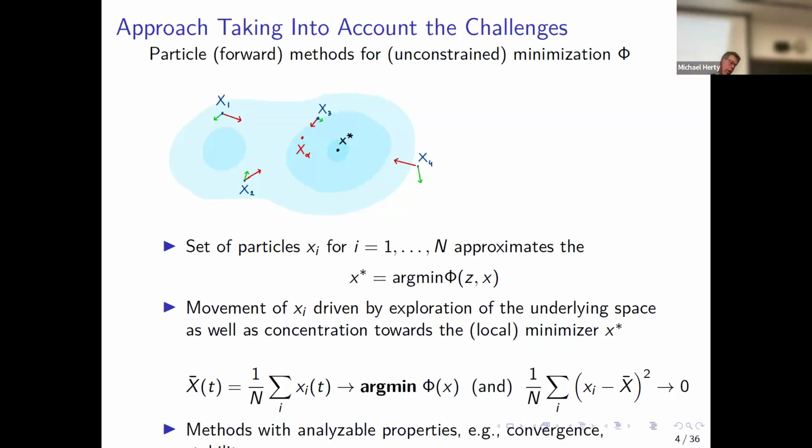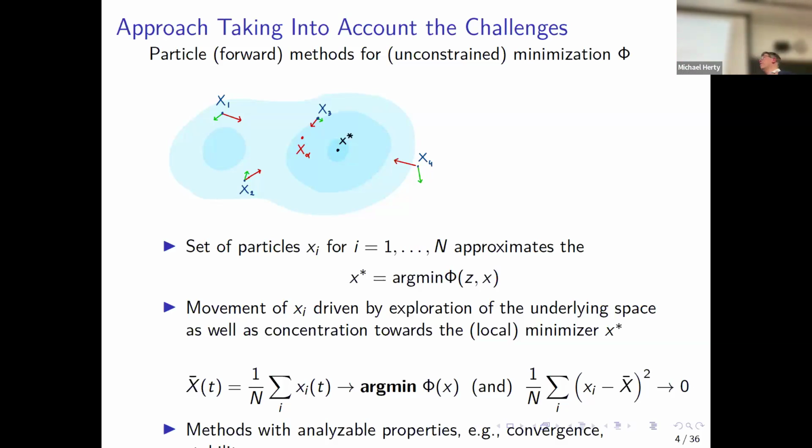And so this X_D would be the best among them, or an average among them given the costs you have. The X star would be the optimal one, and you hope that by these two mechanisms, the movement towards one point as well as the exploration, you eventually reach this X star. This is the basic idea of particle methods for optimization.